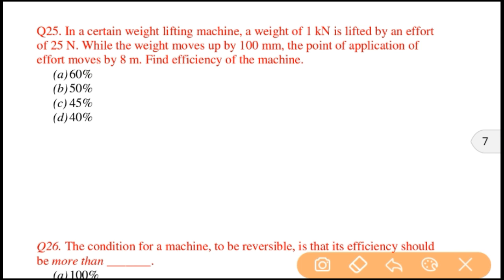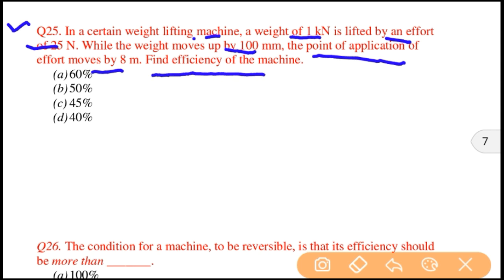In the next question, in a certain weightlifting machine, a weight of 1 kilonewton is lifted by an effort of 25 newton, while the weight moves up by 100 mm. The point of application of effort moves by 8 meter. Find the efficiency of the machine.